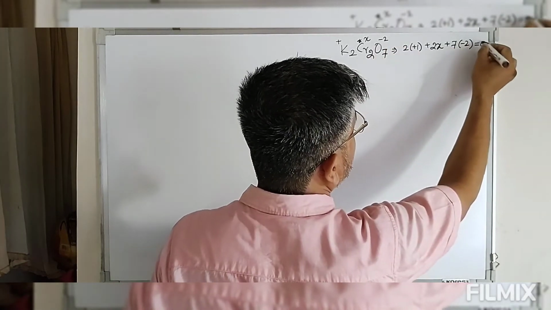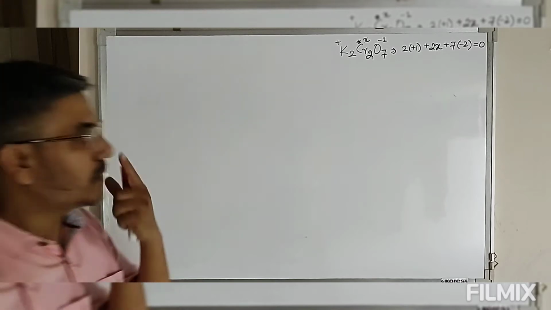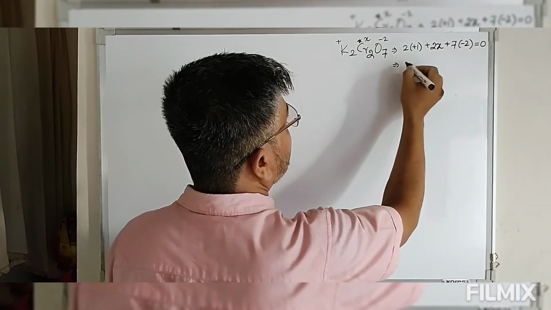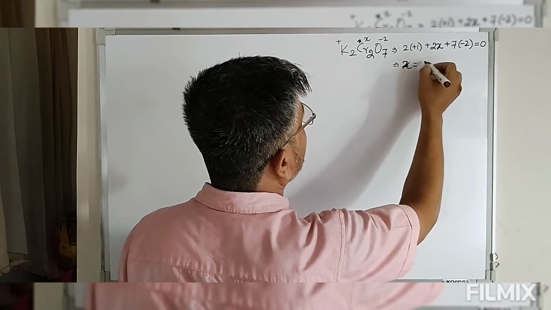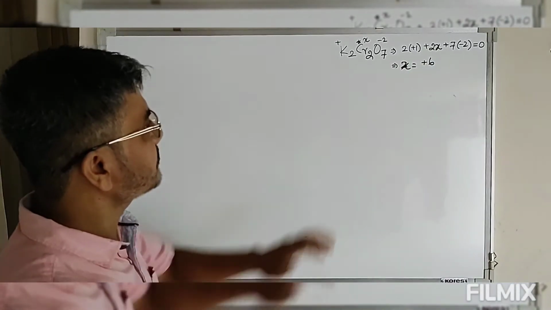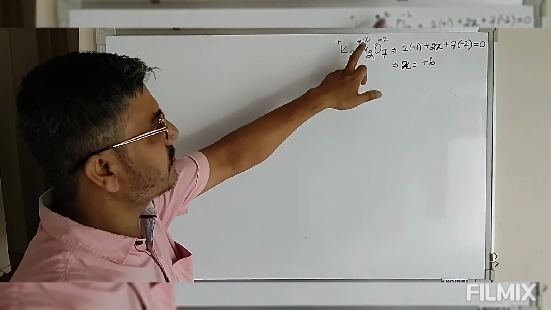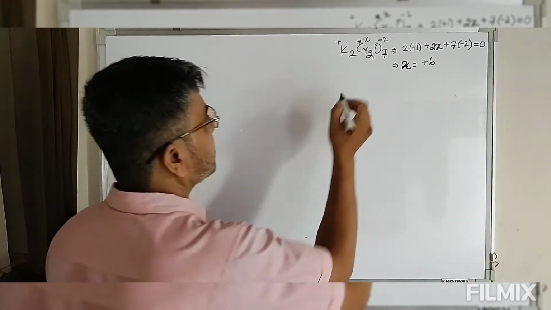So this must be equal to 0 because the total charge on this species is 0, because we have a neutral compound. So therefore X is equal to +6. So in potassium dichromate, the oxidation state of chromium is +6.